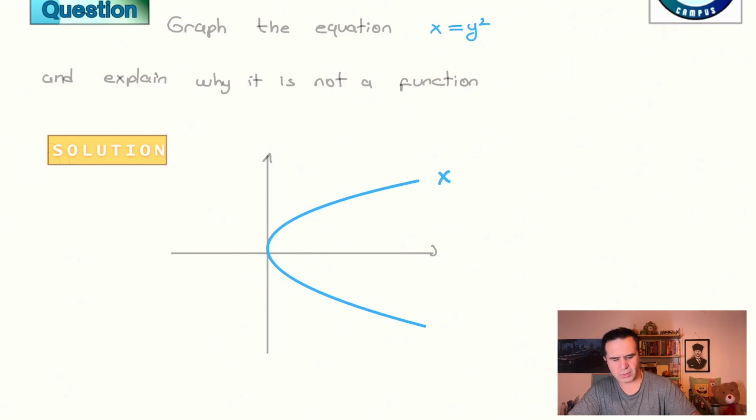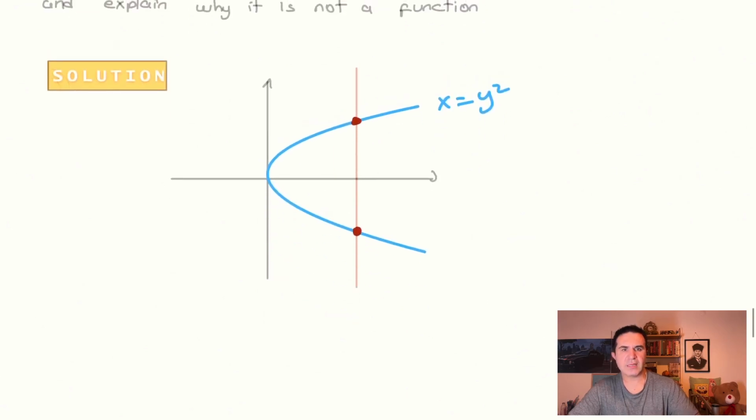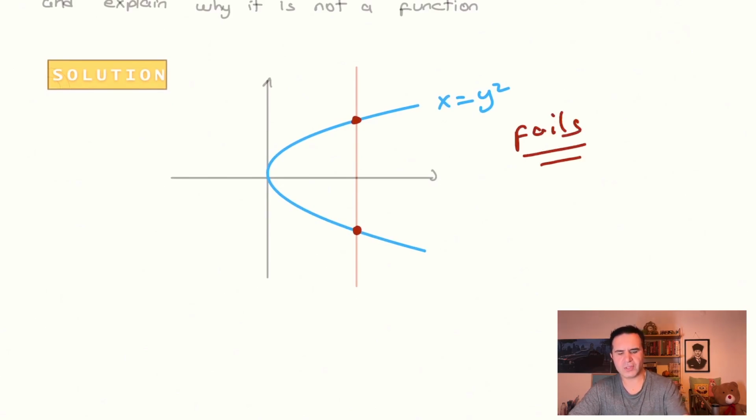If you use the vertical line test here and draw it, you see that this vertical line touches the graph 2 times. So this is not a function; it fails to be a function.